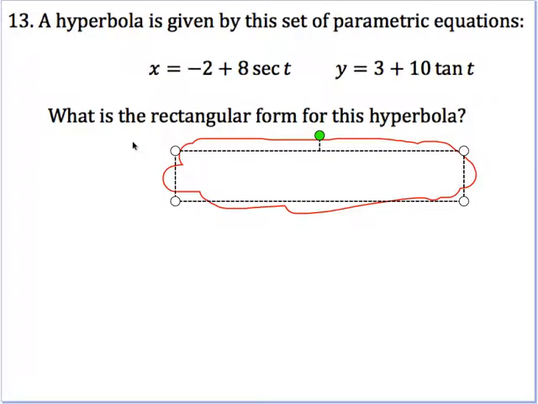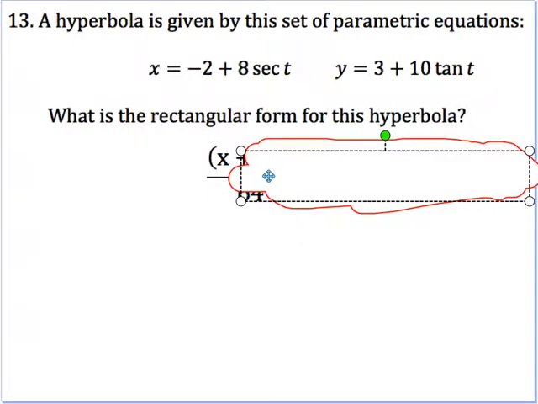All right, so let's do the rectangular form of the hyperbola. We know it's a hyperbola because you have secant and tangent, and the term that has the secant in it is going to be your positive fraction. Notice there's no negative signs here. Then it's going to be x minus this value.